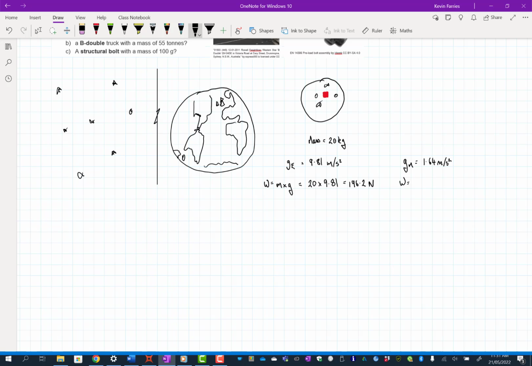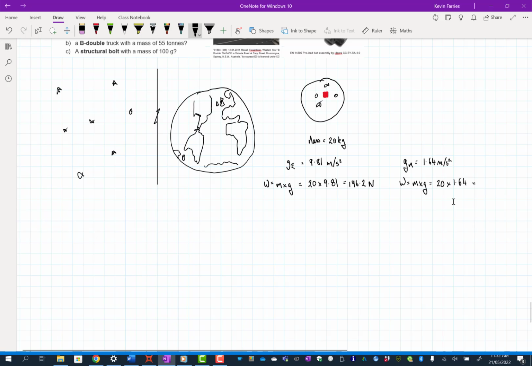So W is just equal to the mass times the acceleration due to gravity. In our case, the mass of our box is 20 kilograms. On the moon, the acceleration due to gravity is 1.64. I won't write the units in. So the weight of that little box on the moon, bring up our calc pad again, we should be able to do this in our heads.